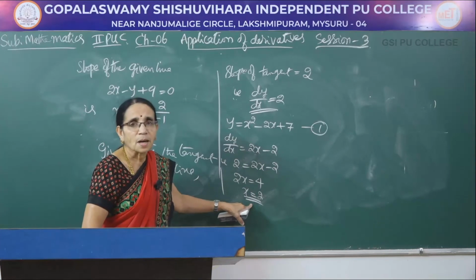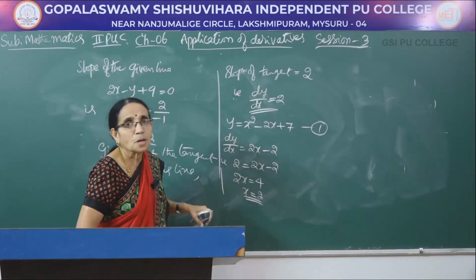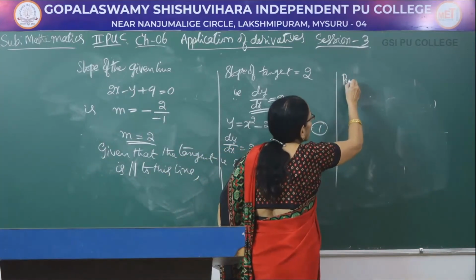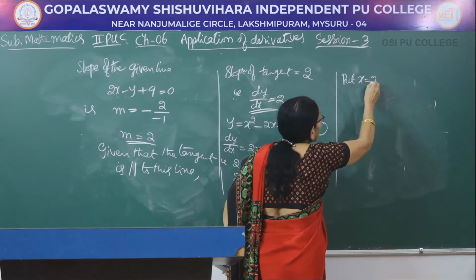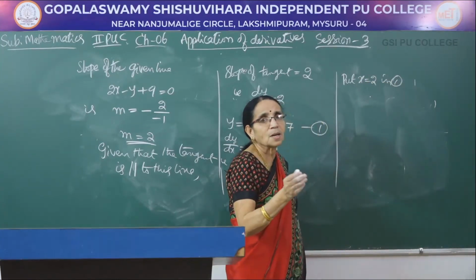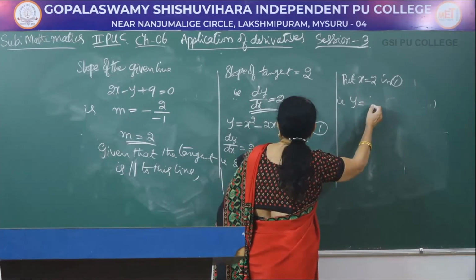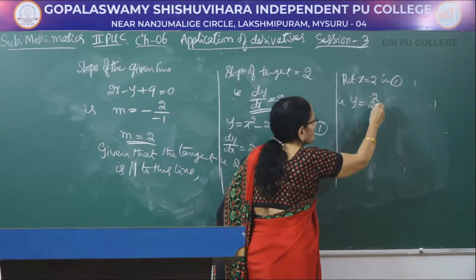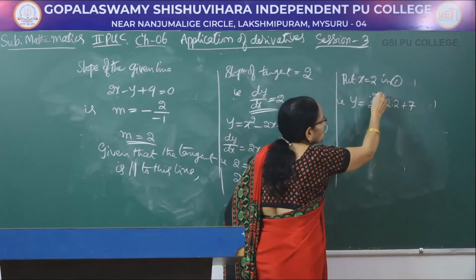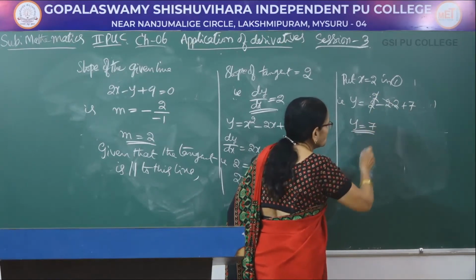X is the x coordinate of the point at which this tangent has been drawn on the curve. Now, to get the value of y here, put x equal to 2 in the first relation. First relation means it is the equation of the curve. That is, y would be equal to x square means 2 square, minus 2x means 2 into 2, plus 7. 2 square is 4 and 4, they get cancelled. y is equal to 7.